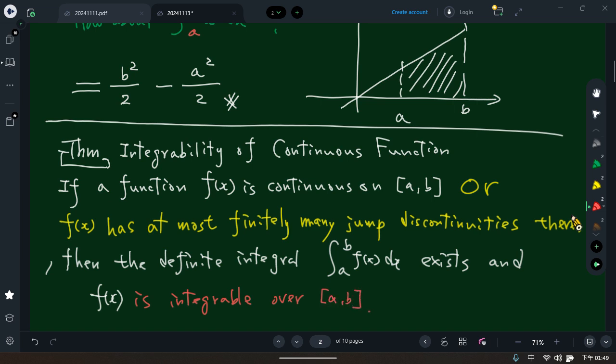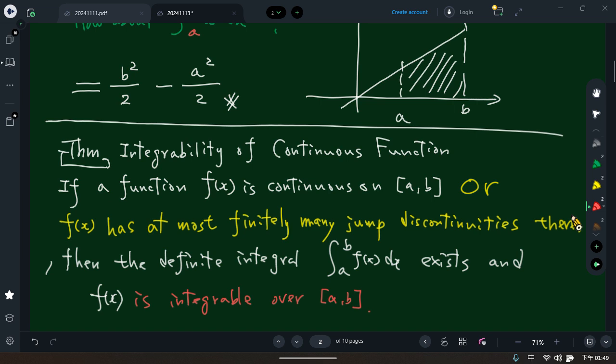Do you remember when we learned differentiation, we learned what is differentiable. For integration, here we also learn what is integrable. Let me remind you.